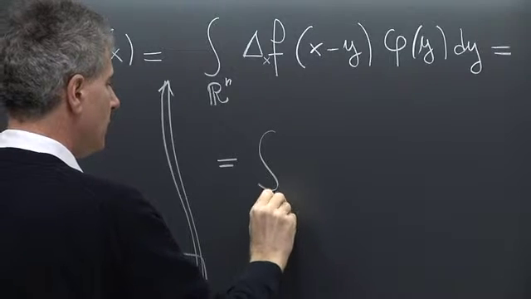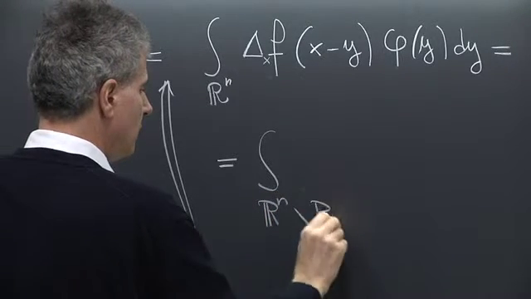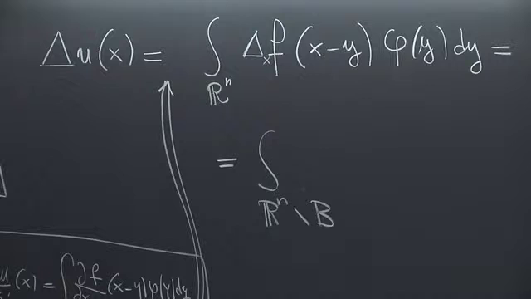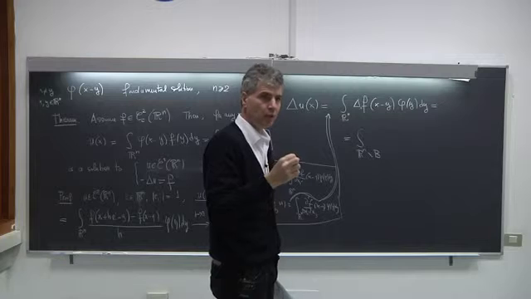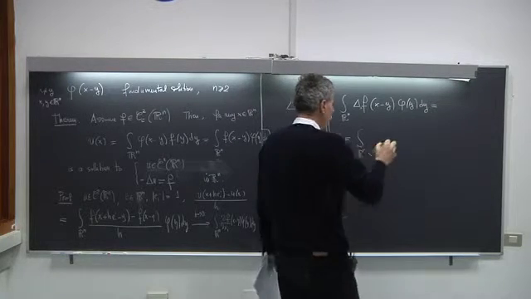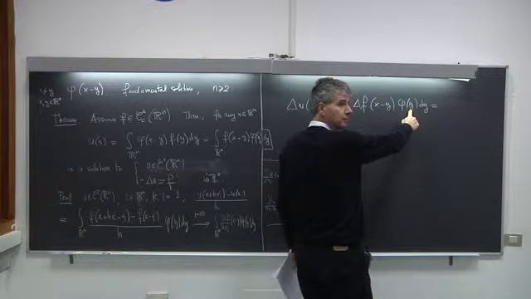So the first thing to do is to split this integral into two integrals. First, an integral over a small ball centered at the origin. Remember that the origin now is a singularity.